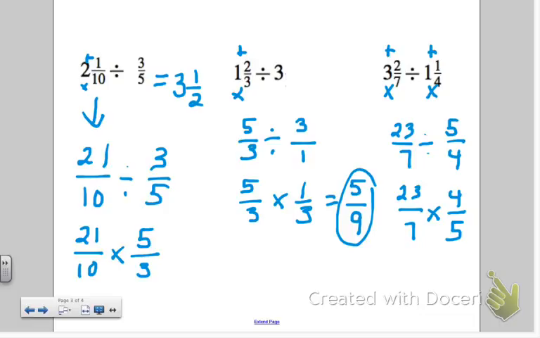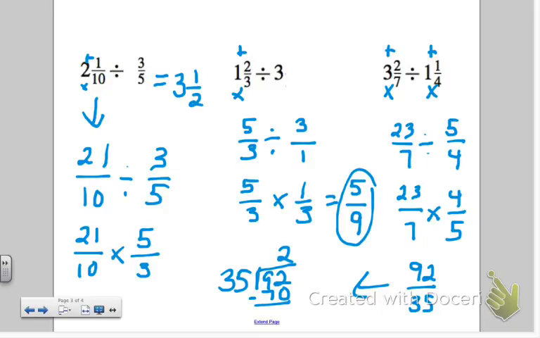23 times 4 is 92. 7 times 5 is 35. So now I have 92/35, which of course I need to turn into a mixed number. So I have to do 92 divided by 35. 35 is going to go into 92 2 times, and that will give me 70. 92 minus 70 is going to give me 12.